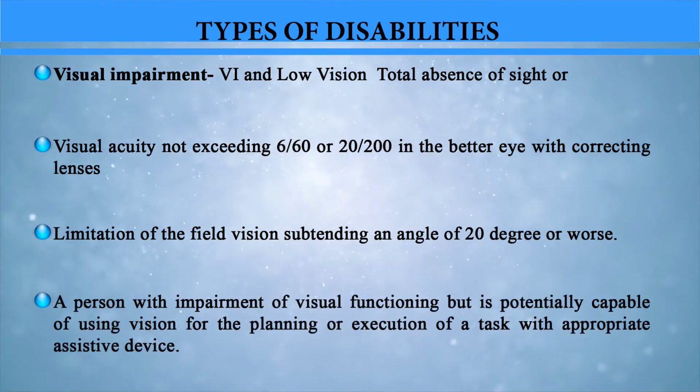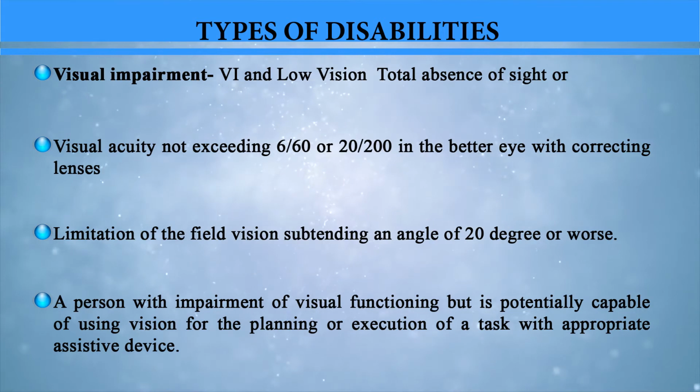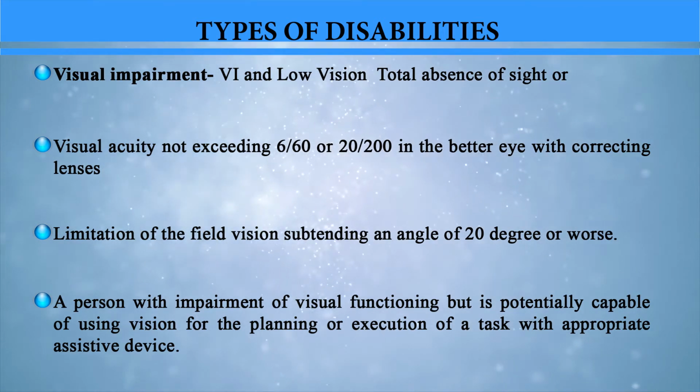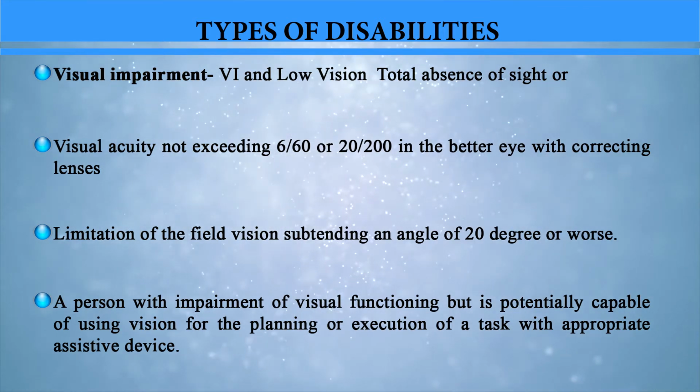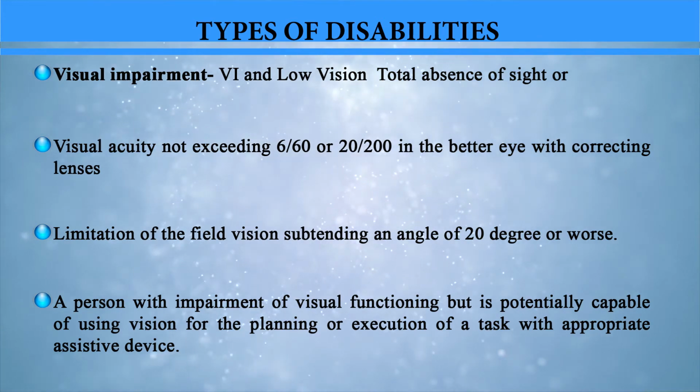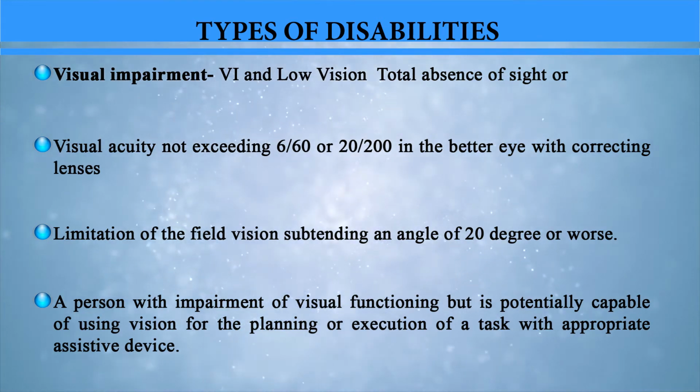Low vision means a person with impairment of visual functioning but is potentially capable of using vision for planning or execution of a task with appropriate assistive devices. So, if anybody can be provided assistive devices to view certain objects, that comes under low vision.